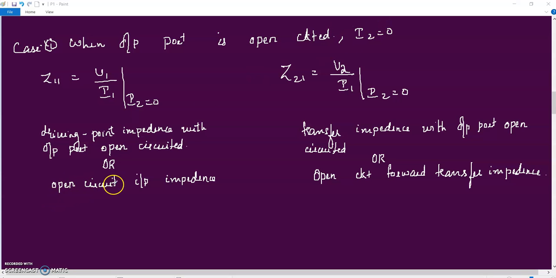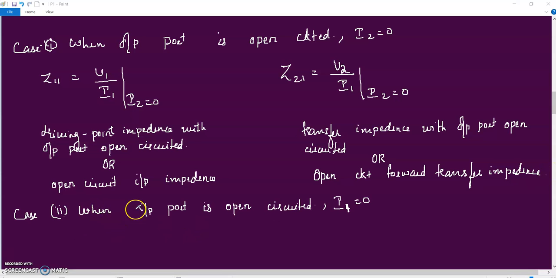That is why it is called open circuit input impedance. And Z21 is called the transfer impedance with output port open circuited. We have learned what transfer impedance is in the fourth module. That is V2 by I1. It's also called open circuit forward transfer impedance.